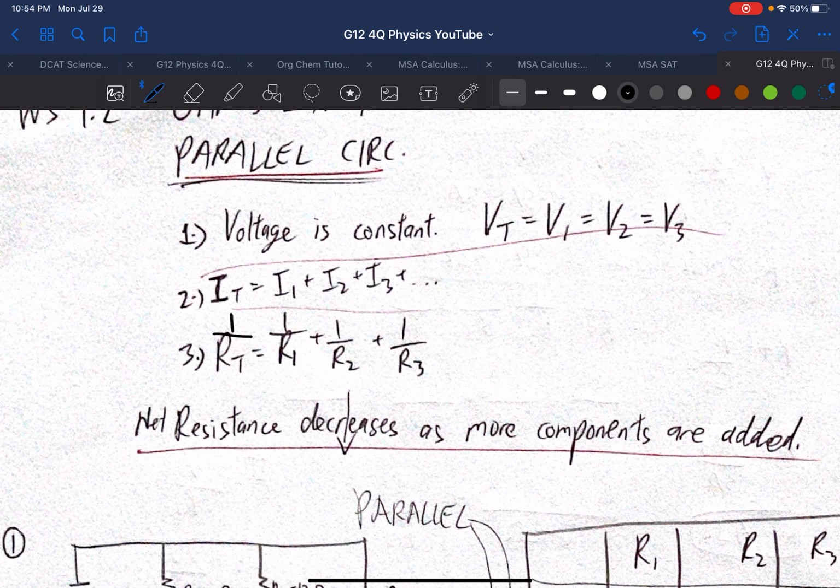There's supposed to be a 1 over, then we put the RT. So, again, like what I said earlier, it's pretty easy to make a mistake in the parallel circuit resistance formula because of the 1 over. But if you're very familiar with it, it wouldn't be an issue to memorize correctly.